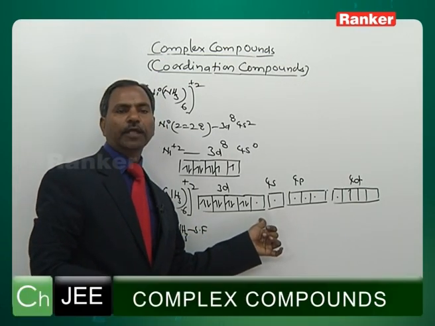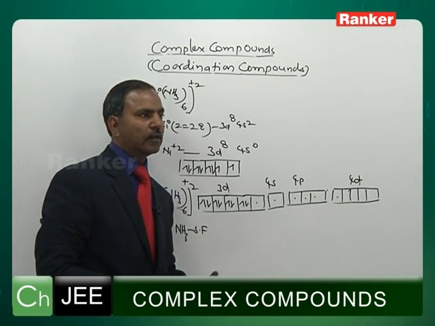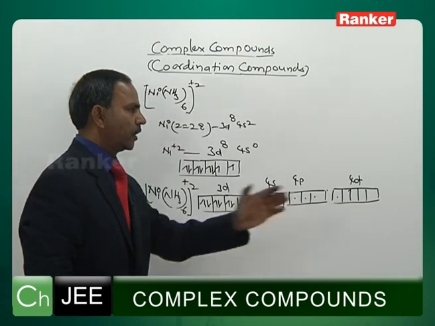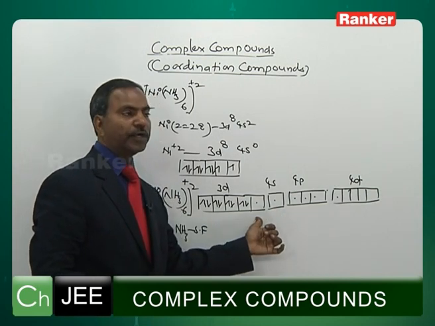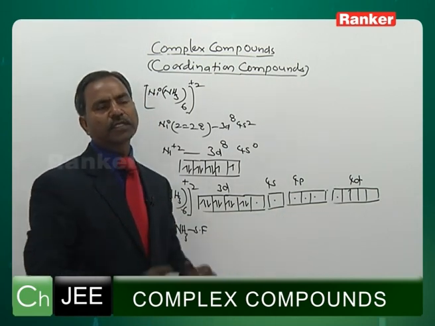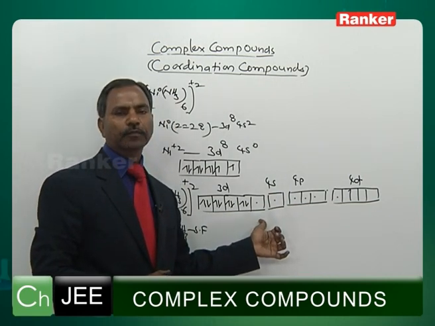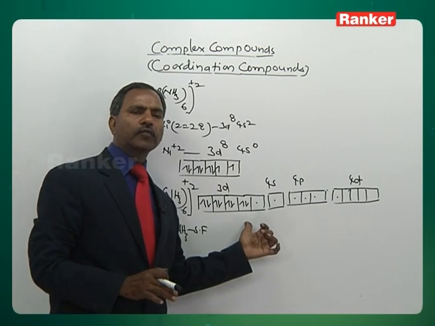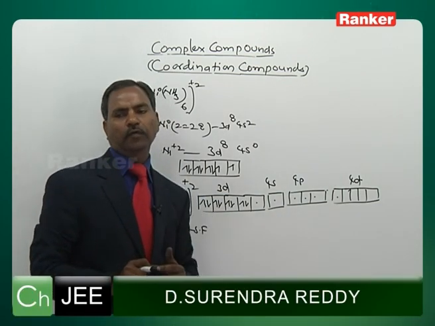A d orbital from 3d and a d orbital from 4d are involved. What is the expected hybridization according to this arrangement? dsp3d. There is no such hybridization as dsp3d. It means 2 d orbitals from 3d have to be involved, or 2 d orbitals from 4d have to be involved.